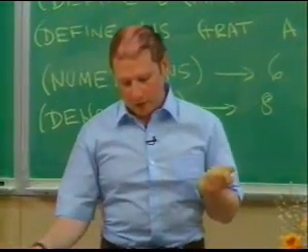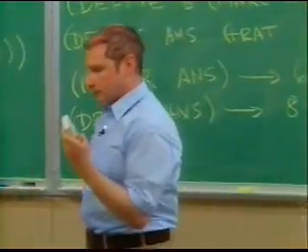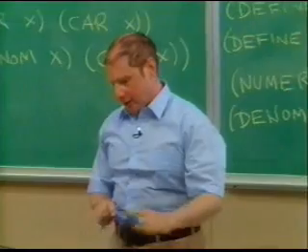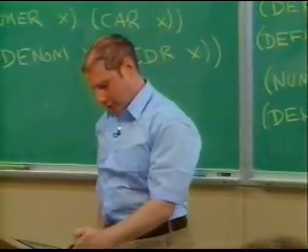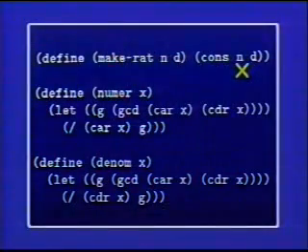Another way to do that is shown over here. I can have an alternative representation for rational numbers where when you make a rational number, you just cons them. However, when you go to select out the numerator, at that point, you compute the GCD of the stuff that's sitting in that pair and divide out by the GCD.